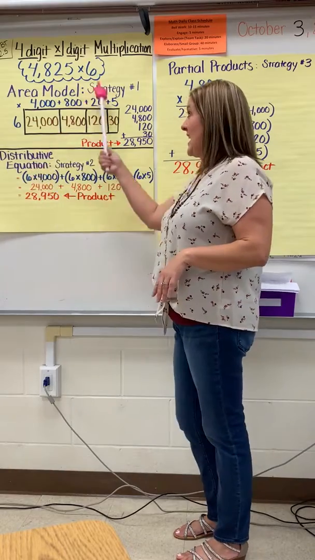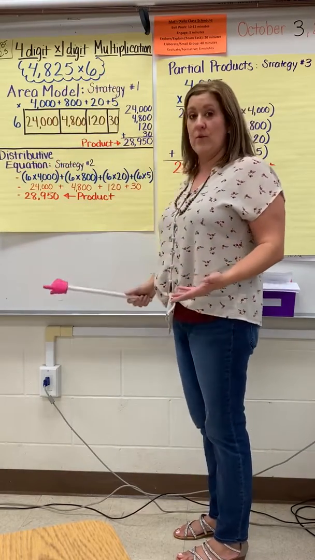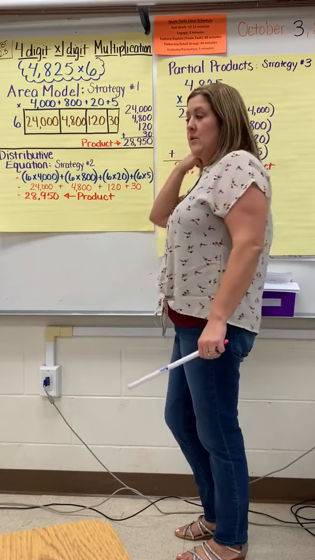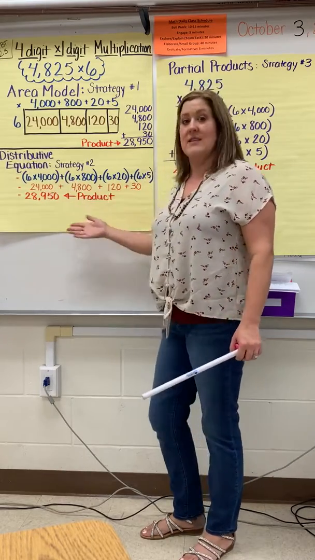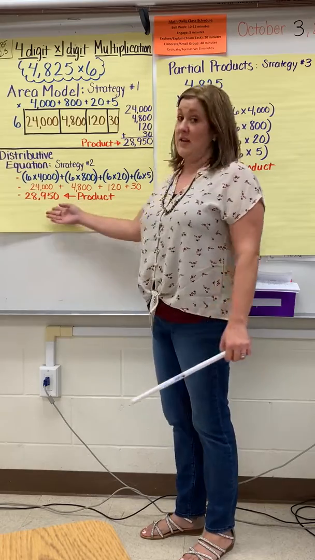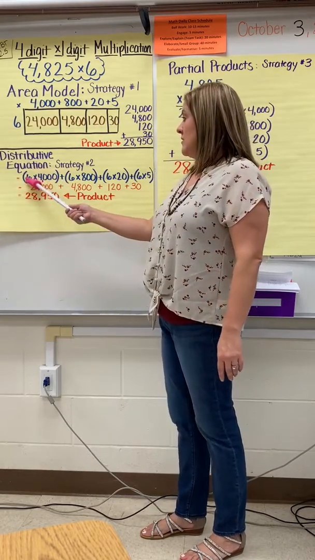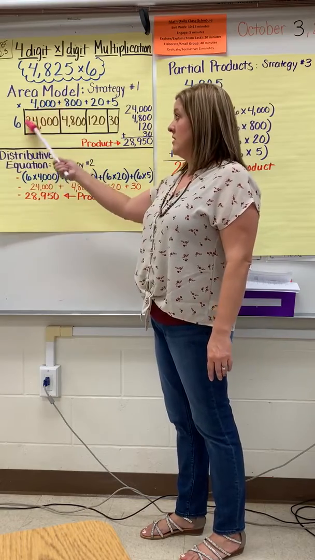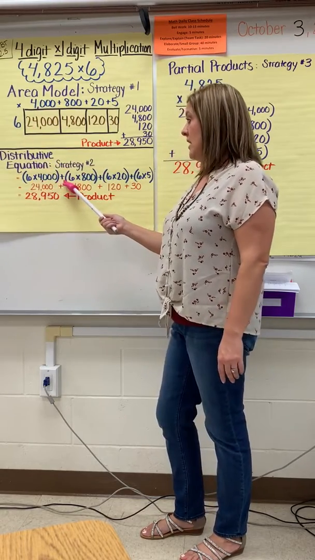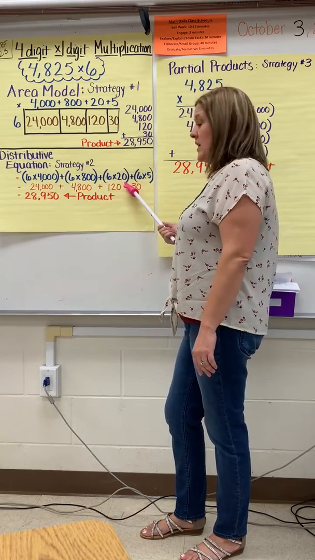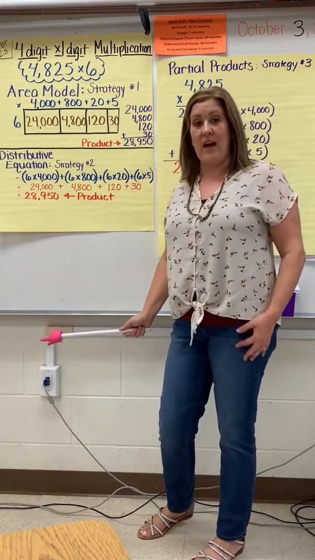Okay, so the same equation, but showing you with the distributive property. So we have related these in class to each other. We've talked about how you're going to get the same partial products and you're going to get the same final product in the end, okay? So 6 times 4,000, just like we did in the area model, plus 6 times 800, plus 6 times 20, plus 6 times 5.